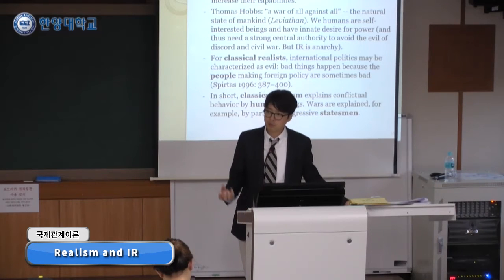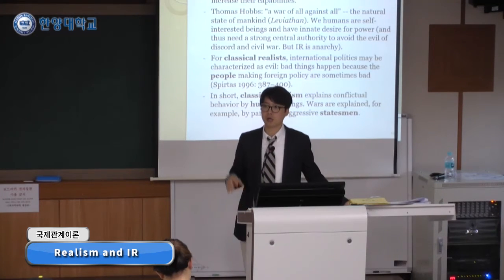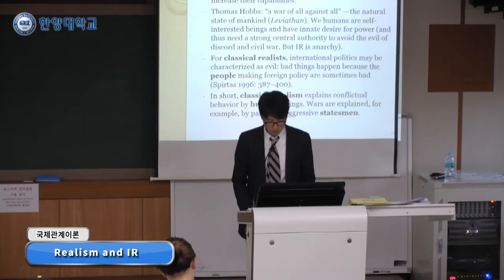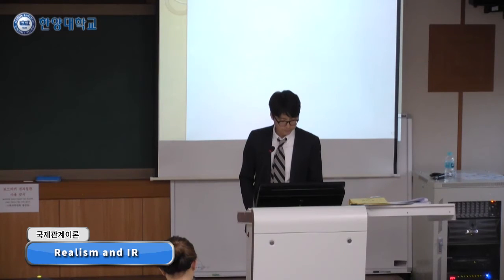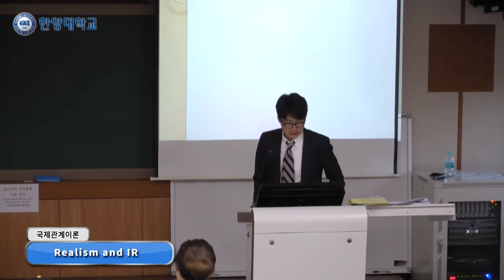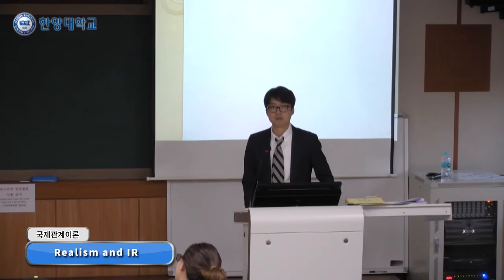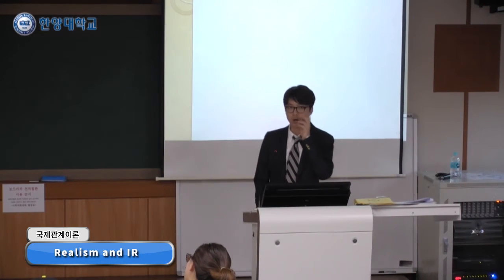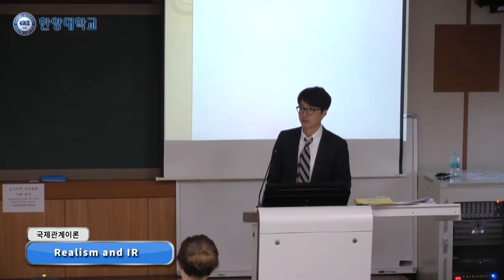So people who are making foreign policy are very evil, selfish, and want to fight, want to dominate. Therefore, we have war. By contrast, neorealism has a very, very different story, which I will pick up next week. Okay? Next week.